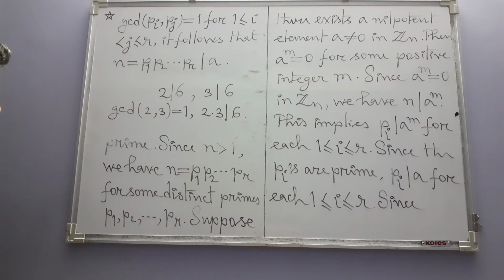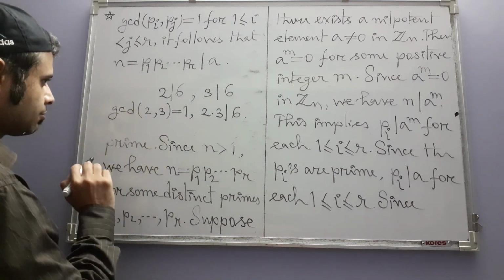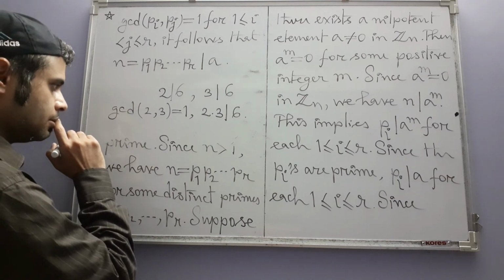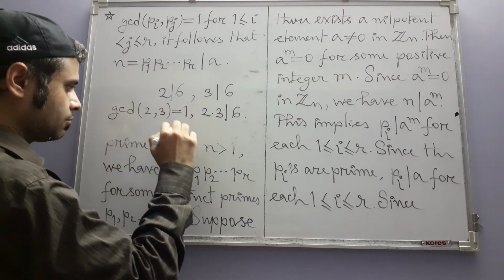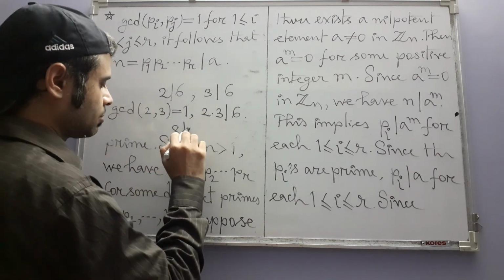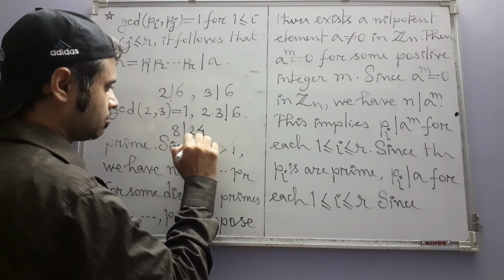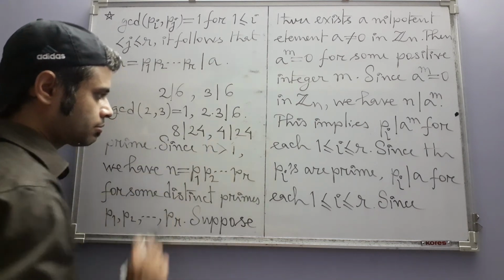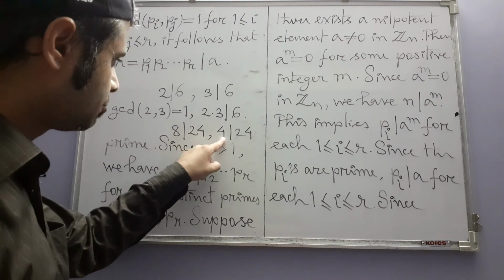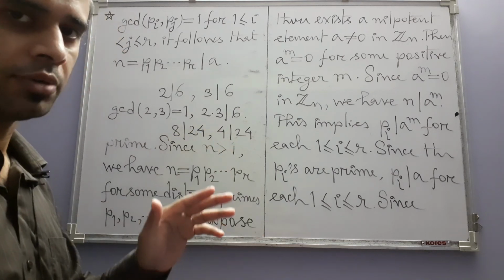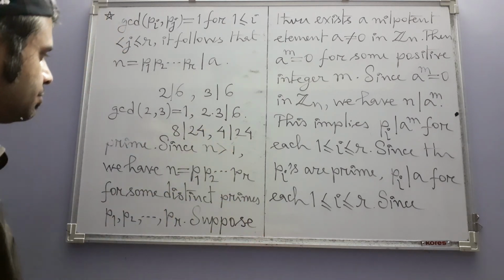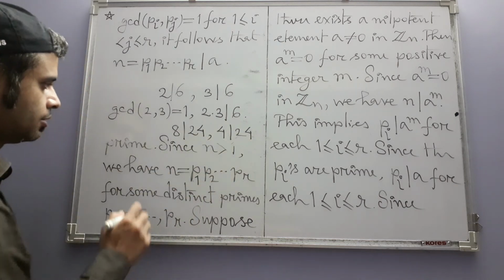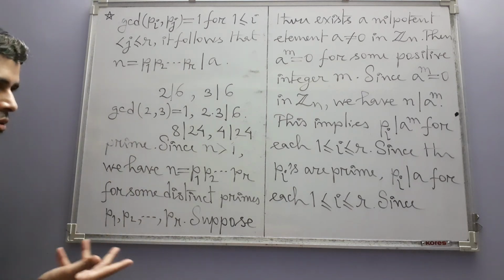Now, the example that we can give of that fact where things go wrong may be considered to be this. 8 and 4 both divide 24, because 8 times 3 is 24 and 4 times 6 is 24, but they are not, of course, relatively prime.